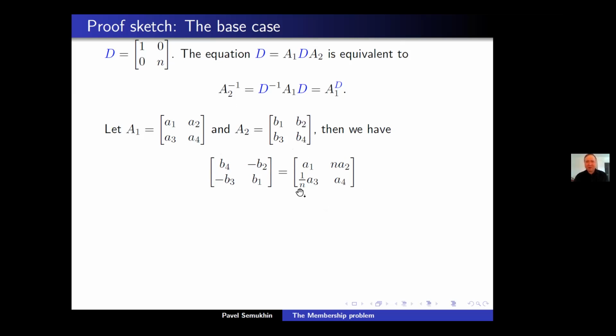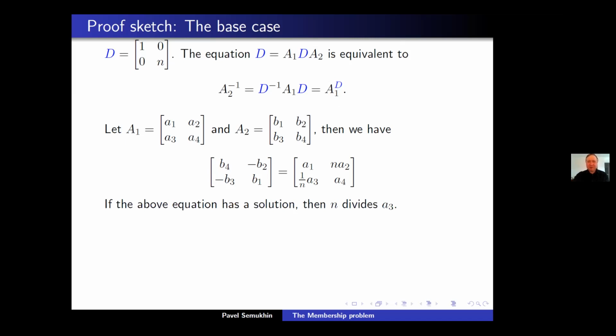And note that in this bottom left corner, we have an entry which looks like a3 divided by n. But here on the left-hand side, we have minus b3, which is an integer. So it means that if this equation holds, then this a3 divided by n must be an integer.